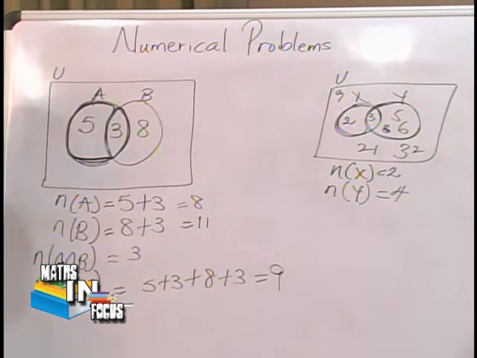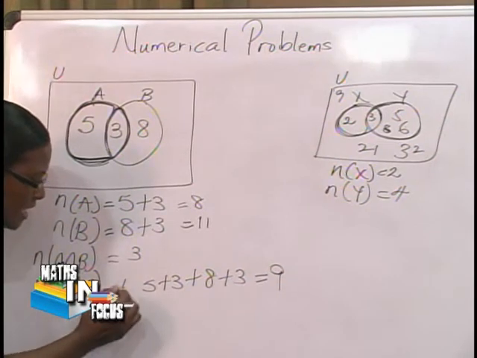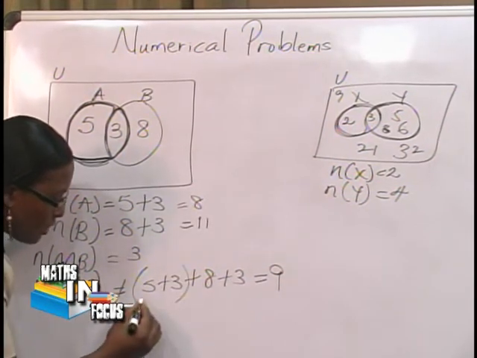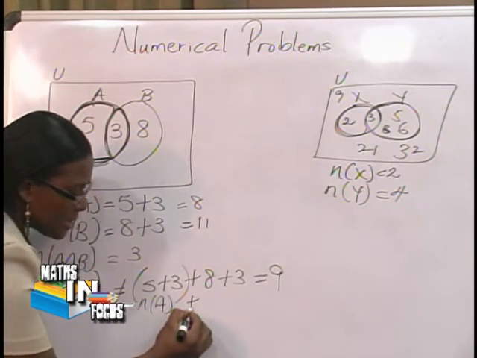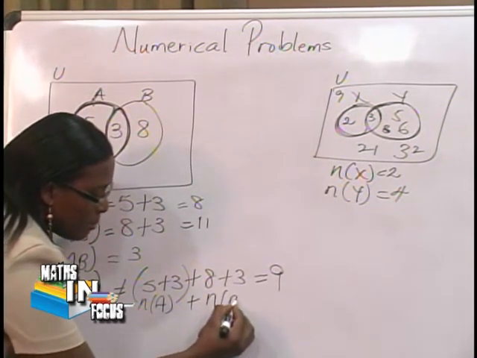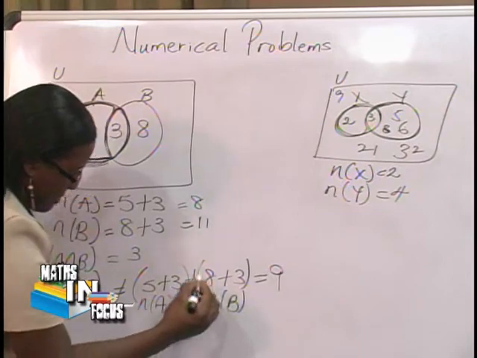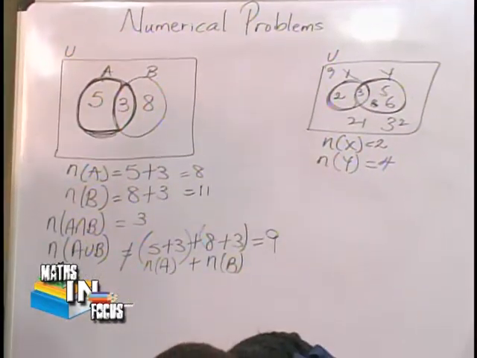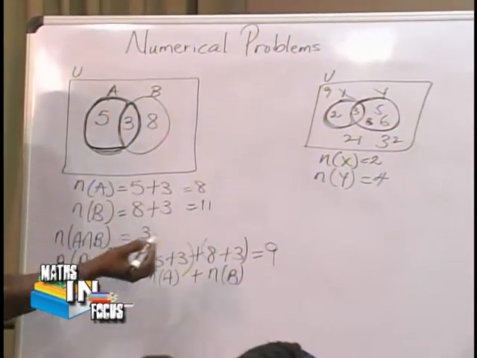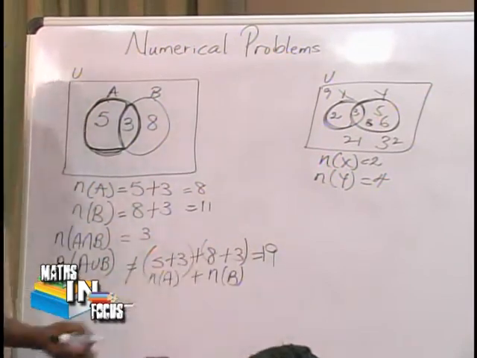No. So we say number in A union B is not equal to the number in A plus the number in B. Yes, Damien? It's 19 and not 9. Thank you very much, Damien. Very observant child. Good.